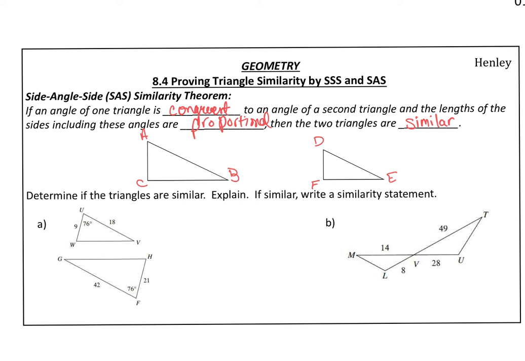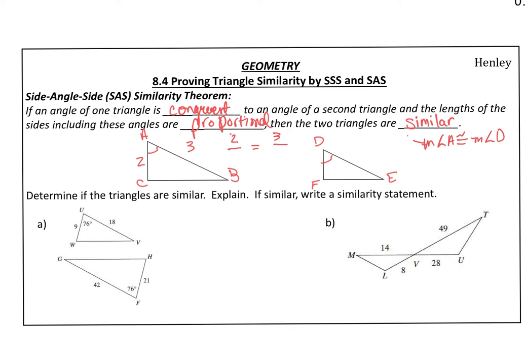and I tell you that angle A is congruent to angle D, so we write that the measure of angle A is congruent to the measure of angle D. And then we say that this side is 2 and this side is 3. So 2 and 3 are our up numbers for our bigger triangle.